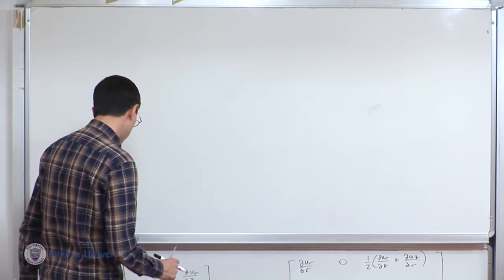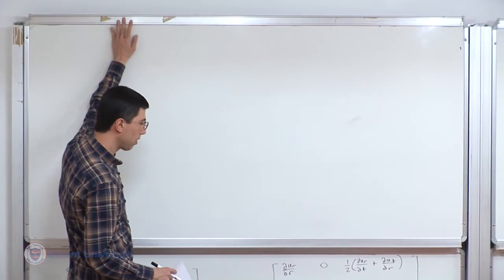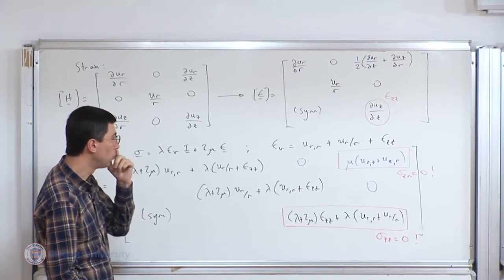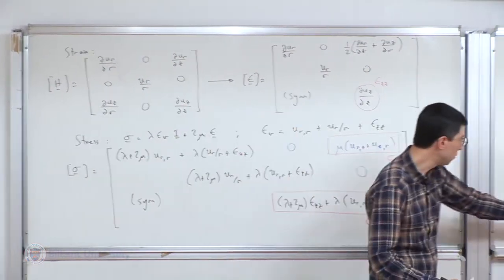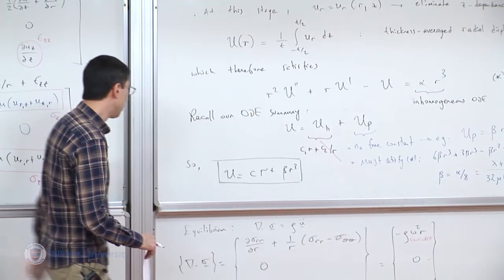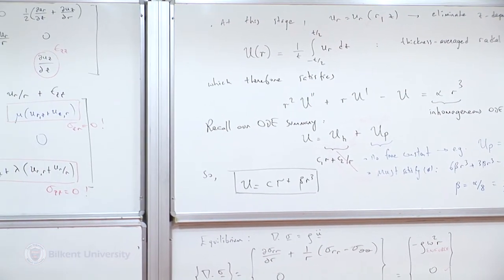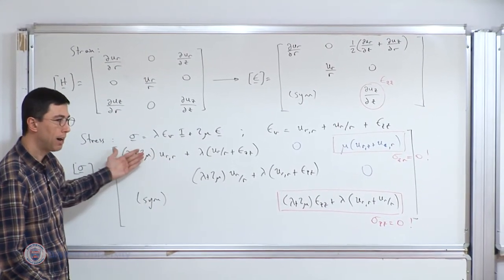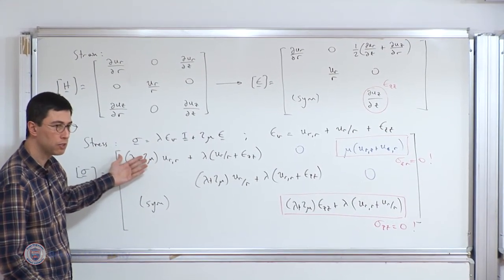Okay, so what I am going to do now is I would like to find this free constant C. The free constant C eventually goes into the stress components. I have some boundary conditions on the stress.